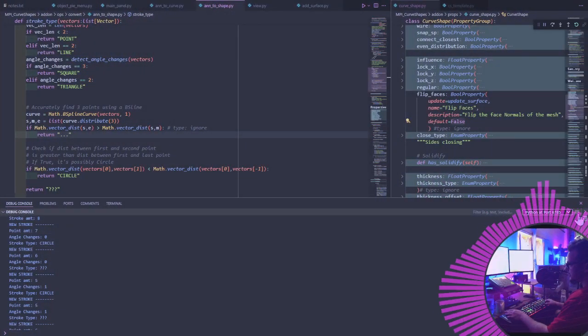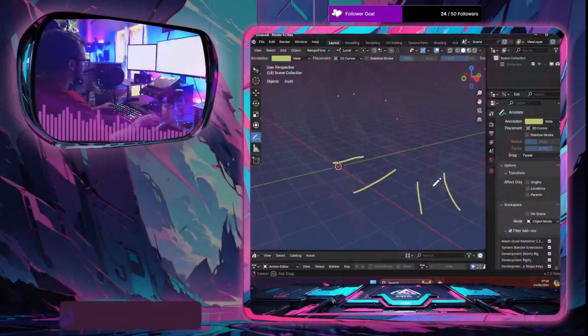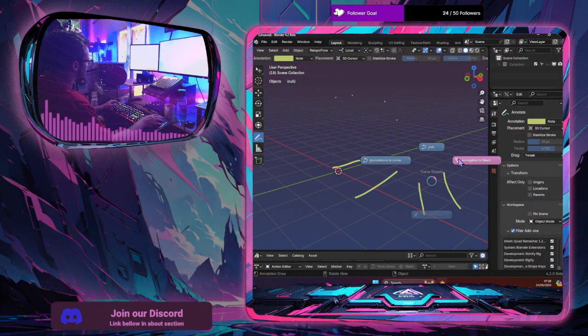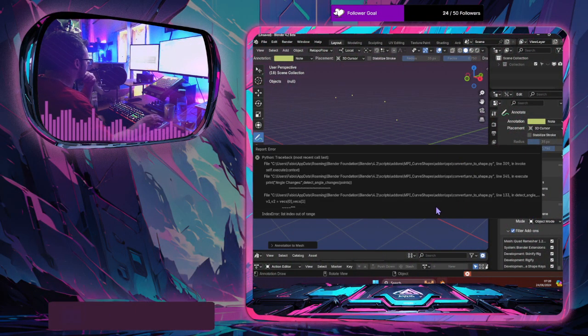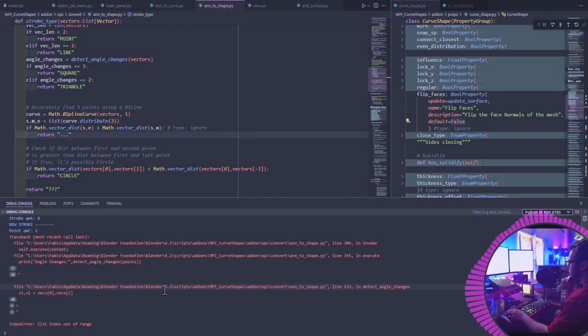We just clear this first. Let's make sure that works. Oh, I got an error. Oh yeah, because I'm looking at angle changes between several points. All right, and these happening. Detect angle changes 133.